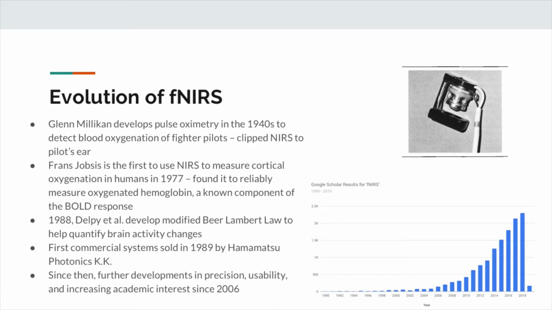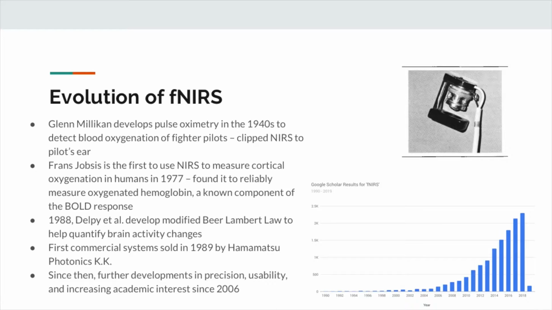From there, Franz Jobsis was the first to use NIRS to measure cortical oxygenation in humans in 1977, and found it to reliably measure oxygenated hemoglobin, a known component at this point of the BOLD response.